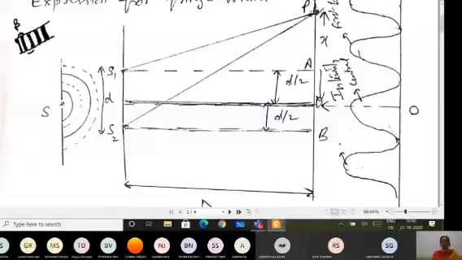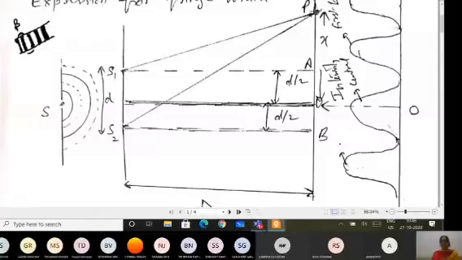First that is clear, then I will be able to find the fringe width, which is the difference between consecutive bright or consecutive dark fringes. That is our aim in this very important expression. I want to find the fringe width, denoted by beta.